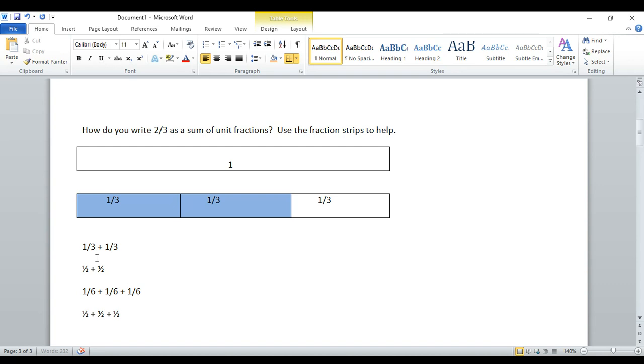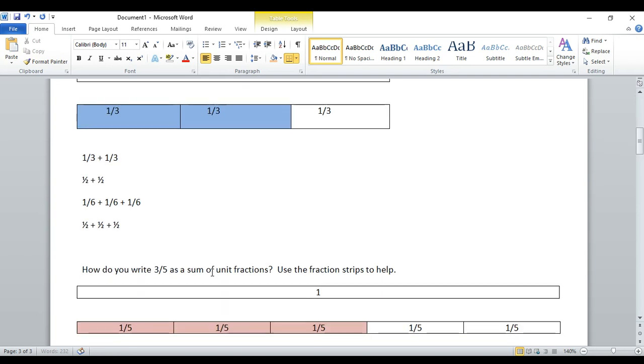And it would be this one, of course. I think the trickiest thing about it is this question just seems sort of awkward. How do you write 2/3 as a sum of unit fractions? Well, sum, of course, means adding. And then you just have to know what the definition of a unit fraction is.